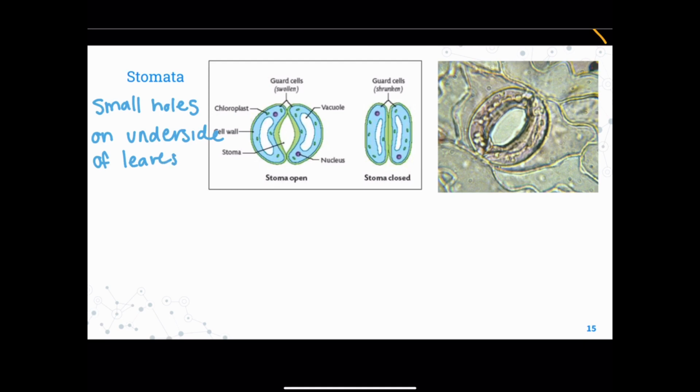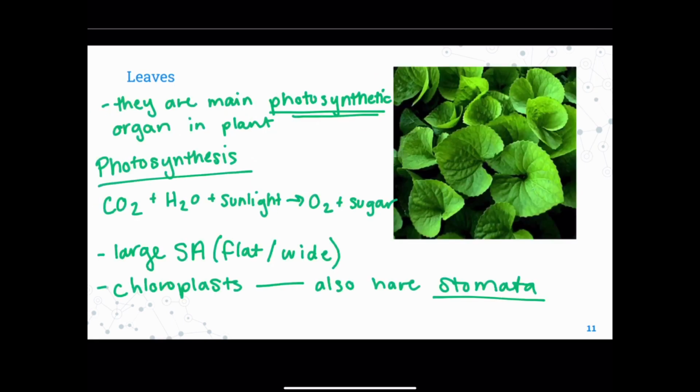Okay, and their main purpose is to allow for gas exchange. What we mean by gas exchange is, if you go back to our photosynthesis formula, we need two gases. We need carbon dioxide to be taken in by the plant, and we need to release oxygen.